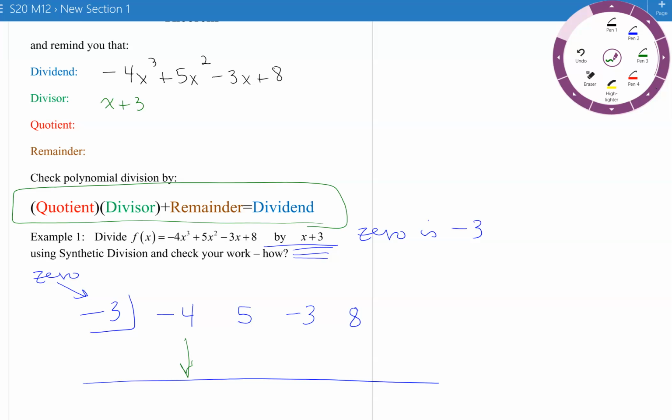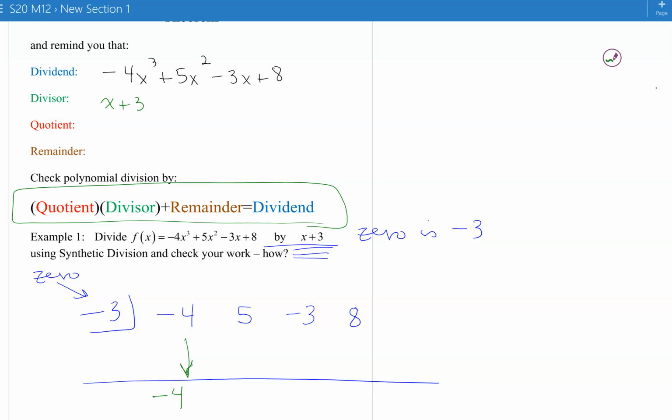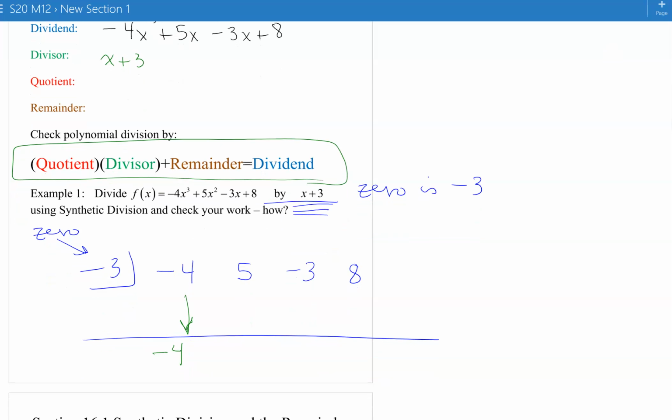So the first coefficient always just drops down. So we get negative 4 as the coefficient we need for our quotient. Then negative 3 times negative 4 is 12. So we put the 12 under the 5 and then add vertically and get 17.